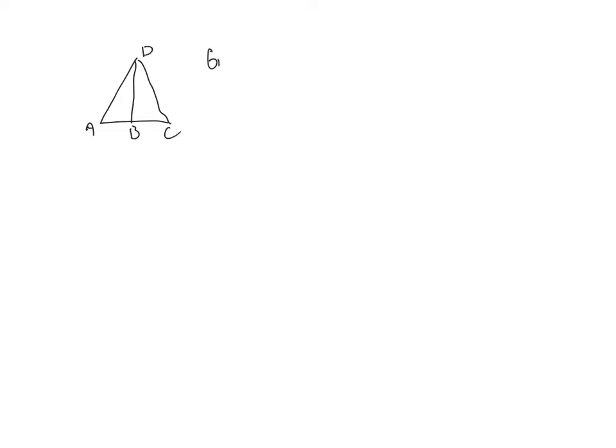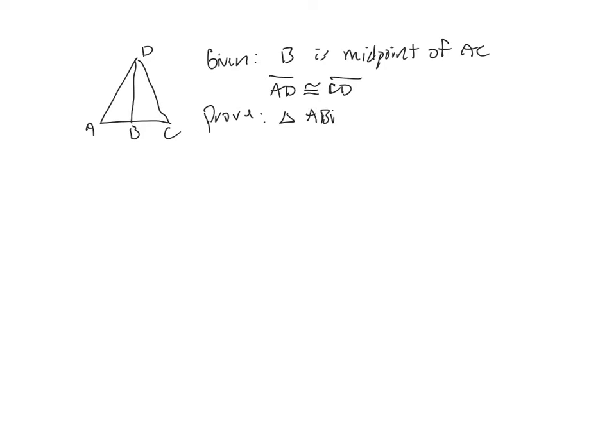So if I said, given B is the midpoint of AC and AD is congruent to CD, prove triangle ABD is congruent to CBD.